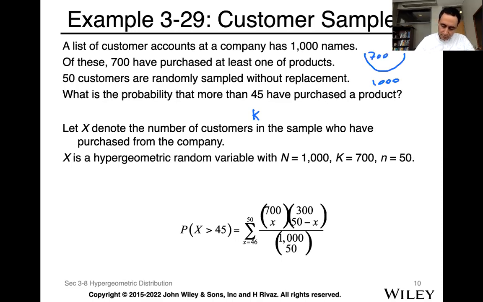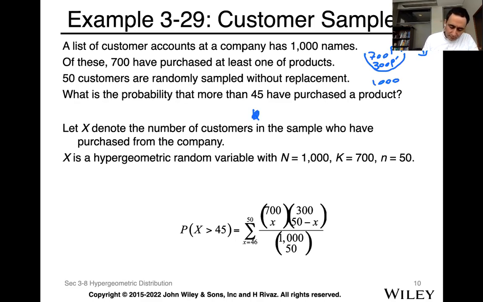700 of those have purchased a product, so we call that P, and 300 have not purchased anything. We call that P prime. So we are selecting 50 customers. So n is 50. What's the probability that more than 45 have purchased the product, right?